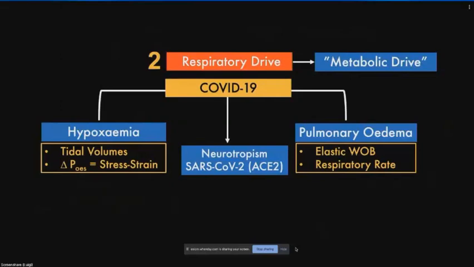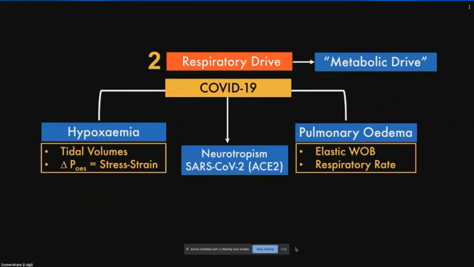I think the other thing to consider is the work of breathing, and it's to do with the respiratory drive. Now, the respiratory drive can have various sources. So clearly the hypoxemia drives the increase in tidal volume, therefore increases the swings in esophageal and pleural pressure, which has an effect on stress and strain of the lung.